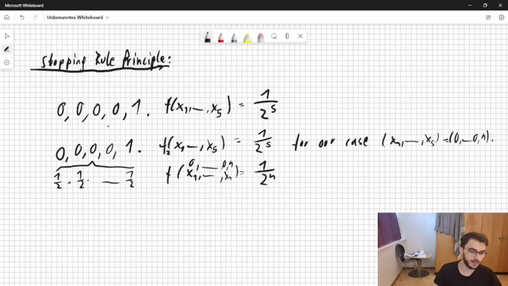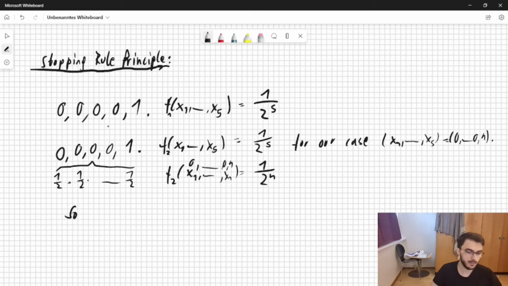So we can say that this is f2, and then for the other one, for any particular event, because we tossed the coin 5 times no matter what happened, the probability is 1 over 2 to the power of 5. So we have 2 completely different sampling distributions, but the likelihood is the same.